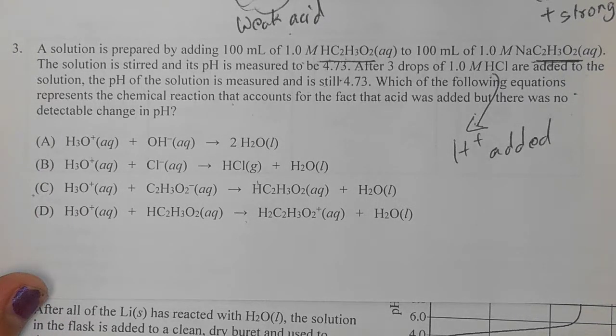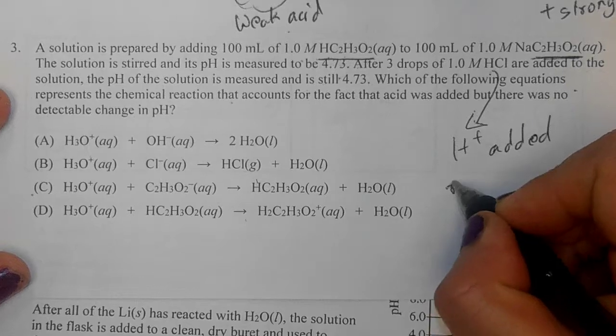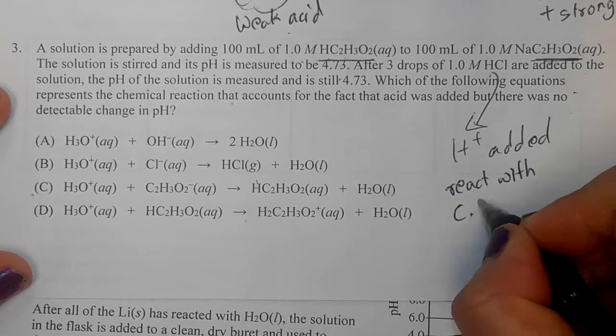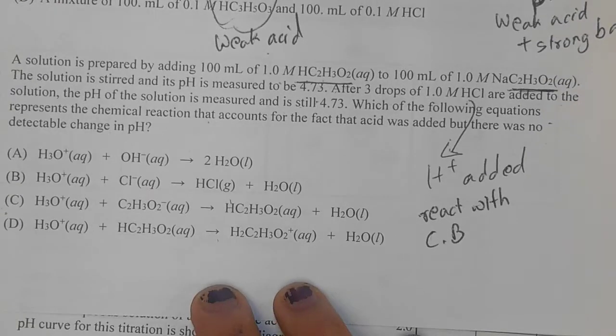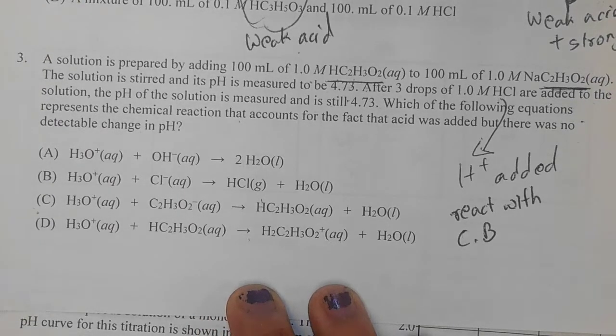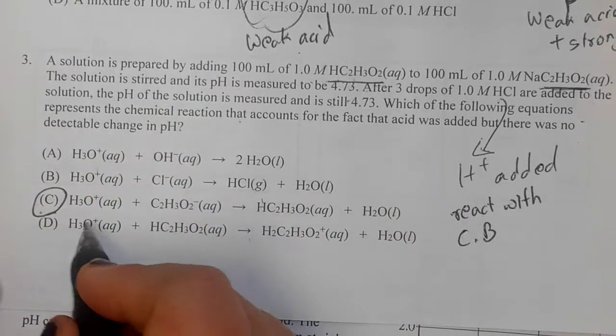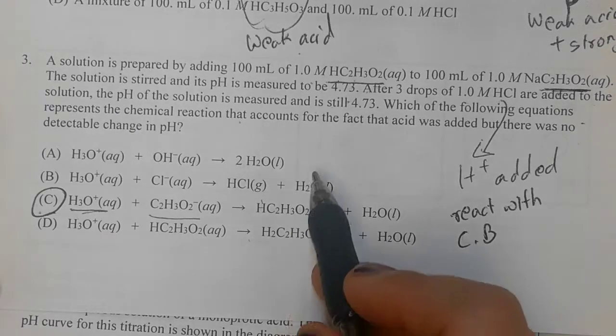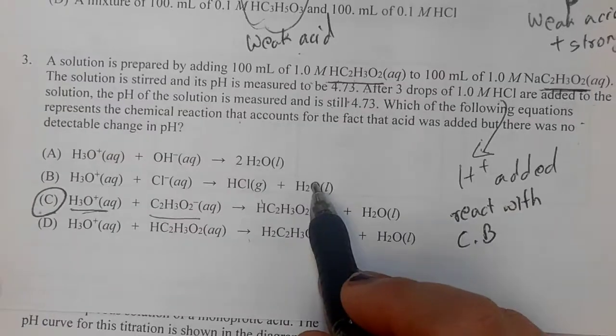It's going to react with the conjugate base, right? Acid is going to react with conjugate base so that your pH doesn't change. That's how it's able to resist the pH change. So the correct answer for this is C, because acid, conjugate base. Make sense? I mean, A and B don't make any sense, right?